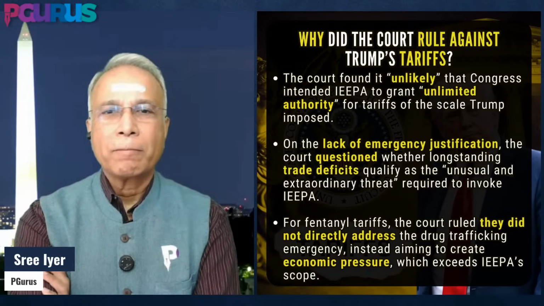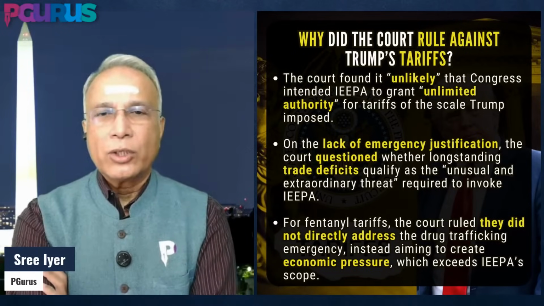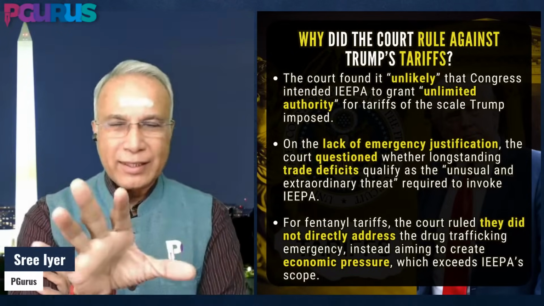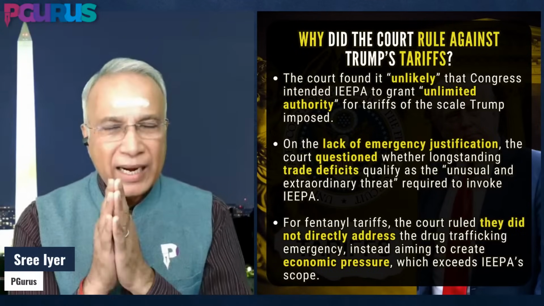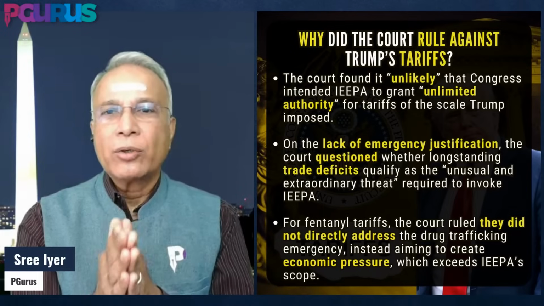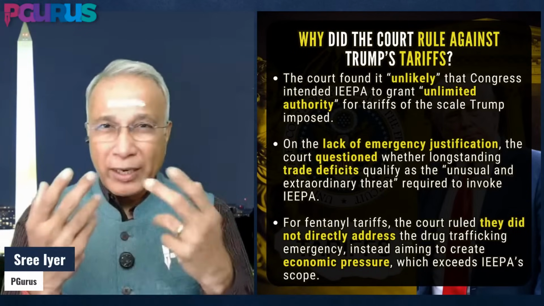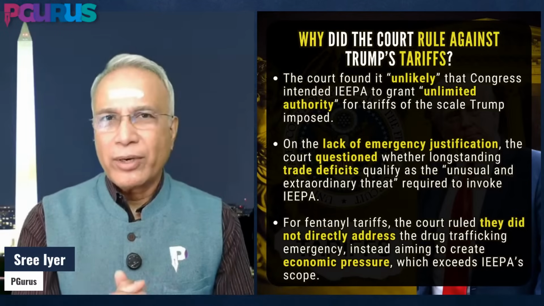Next one, please. So the court also feels, this is where the opinion part comes in, that it's unlikely that Congress intended IEEPA to grant unlimited authority. That means it comes down to interpretation. Is the United States in an emergency today?